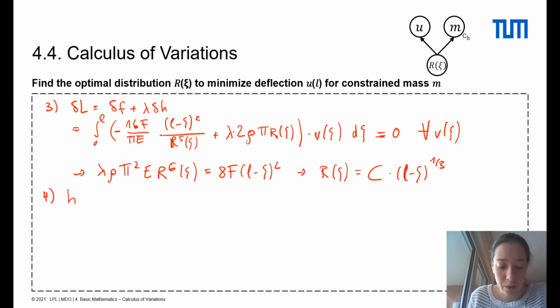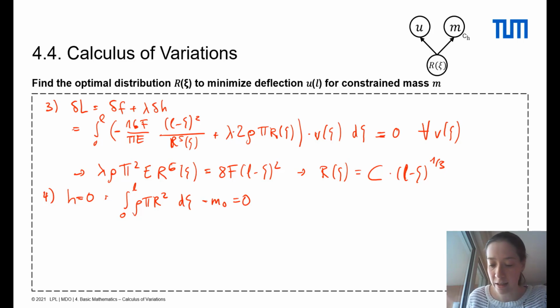We still haven't used that h has to be 0, so our equality constraint has to actually be fulfilled. And we can use that to compute our constant c, because now we know what r looks like. So we can plug that in.